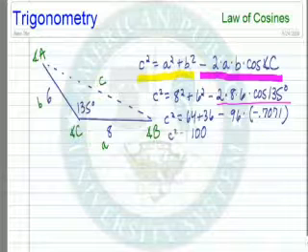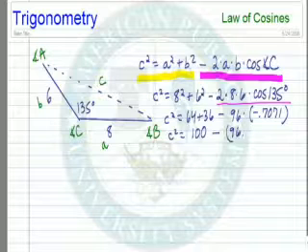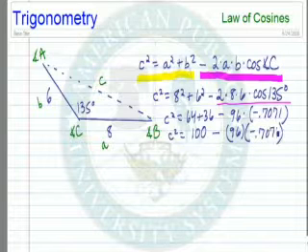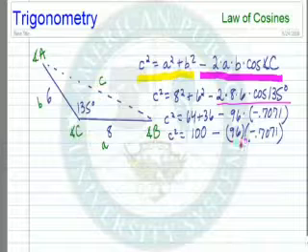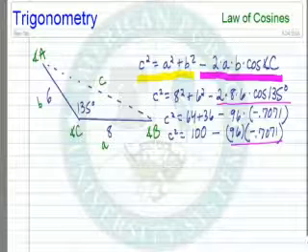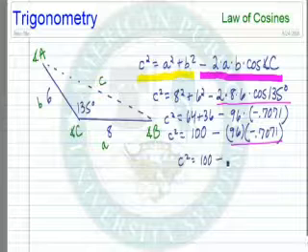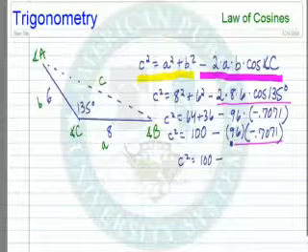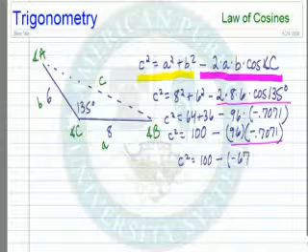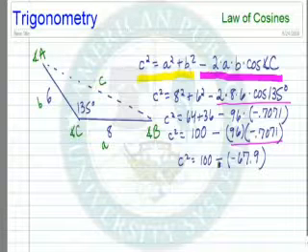So at our next stage, we have 100 minus 96 times negative 0.7071. And now we want to do this multiplication. We get c squared equals 100 minus negative 67.9. And subtracting a negative is the same as adding.